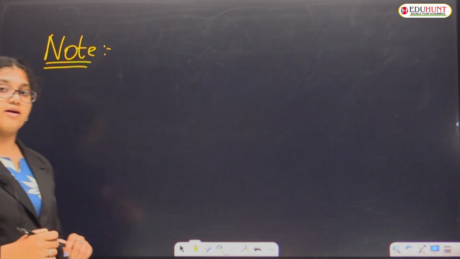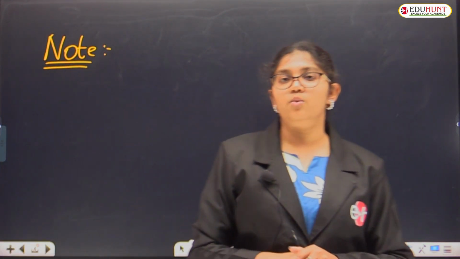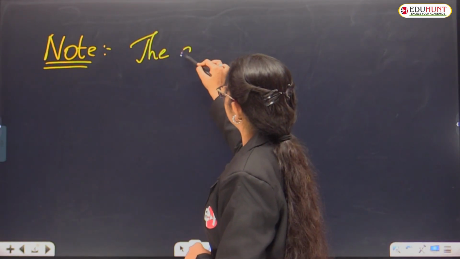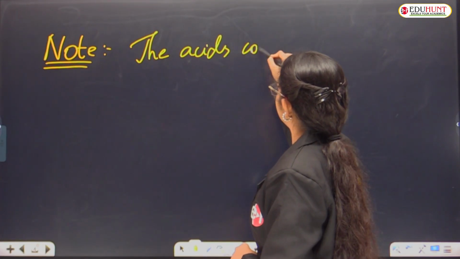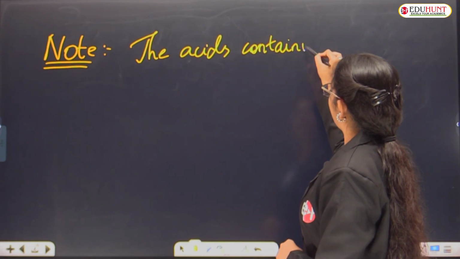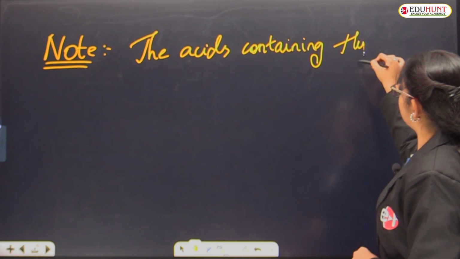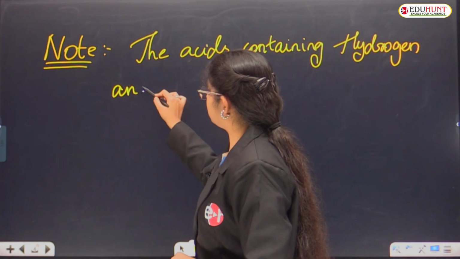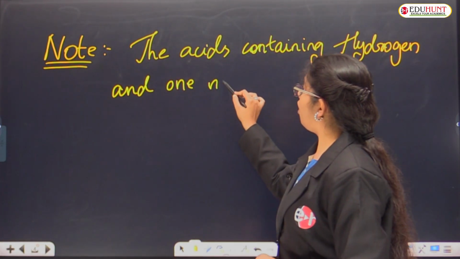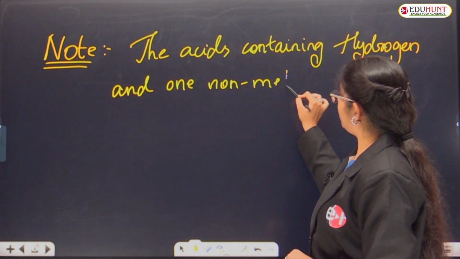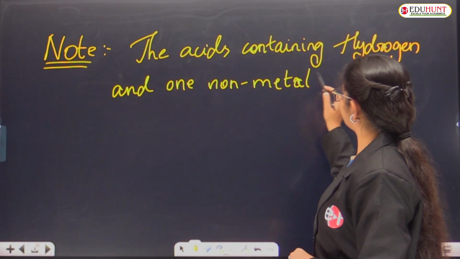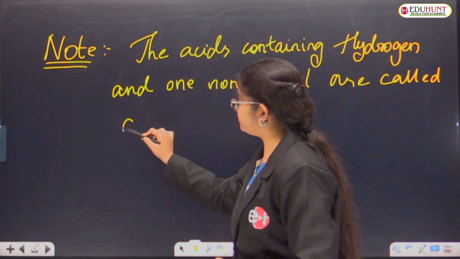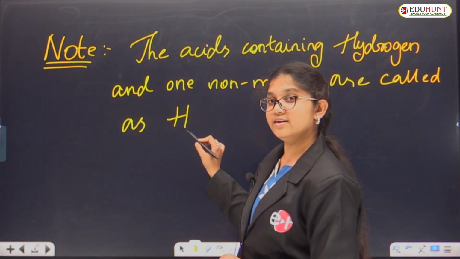You know what hydro acids are? Do you remember the concept? What are hydro acids? Yes, the acids containing hydrogen and one non-metal are called as very good, what are they?